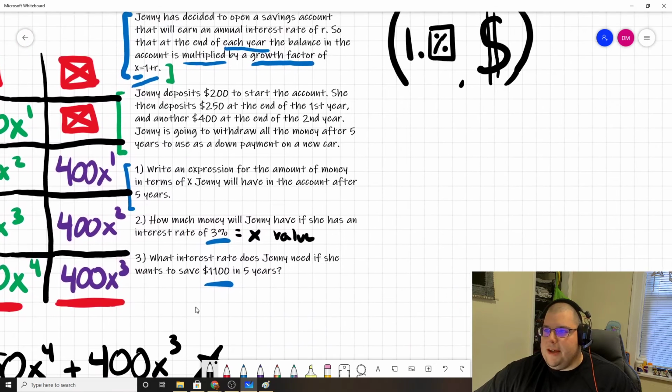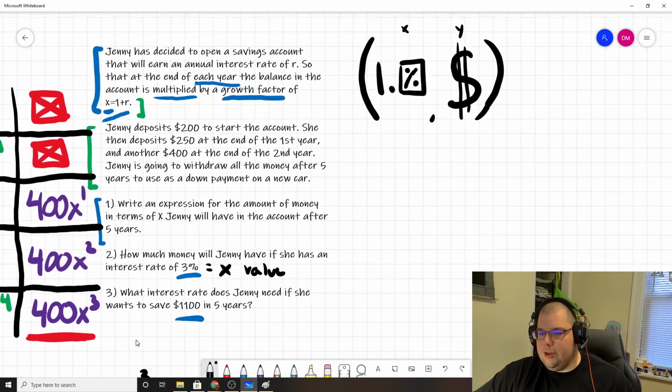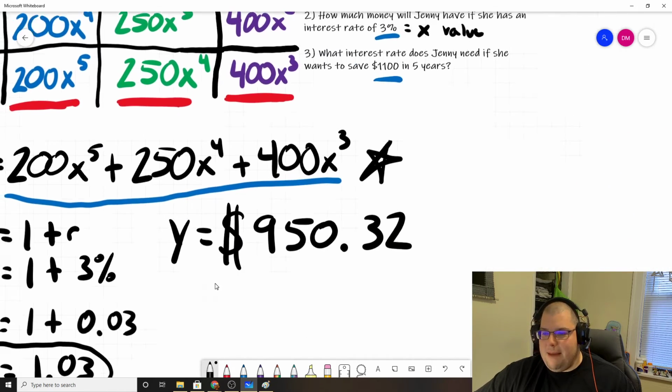So keeping in mind that y values represent the amount of money in the account, this question asks for the interest rate. What interest rate does Jenny need if she wants to save $1,100? So this time we're doing the opposite.